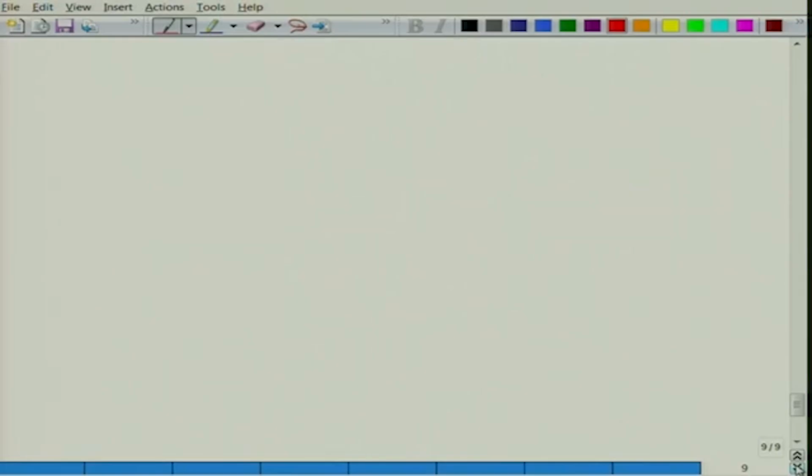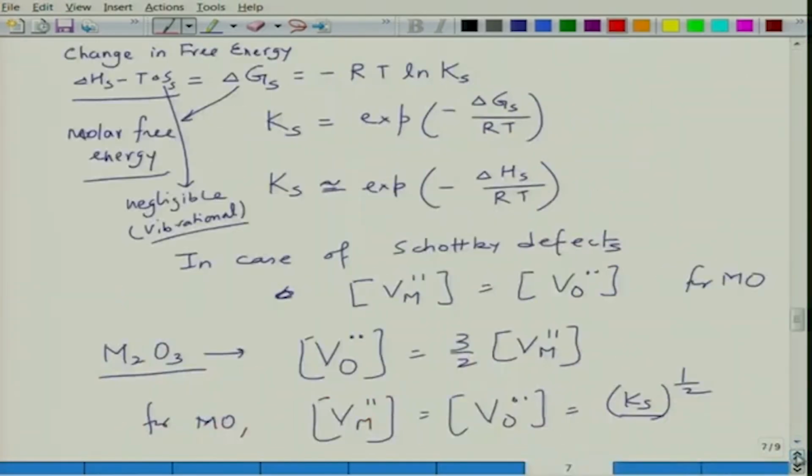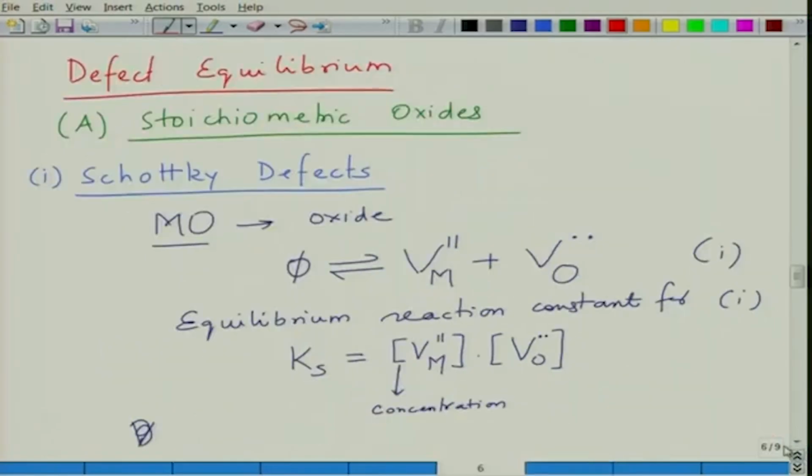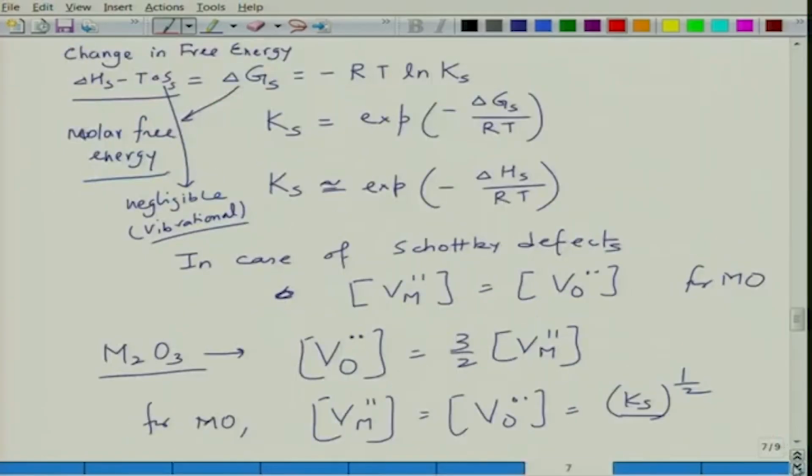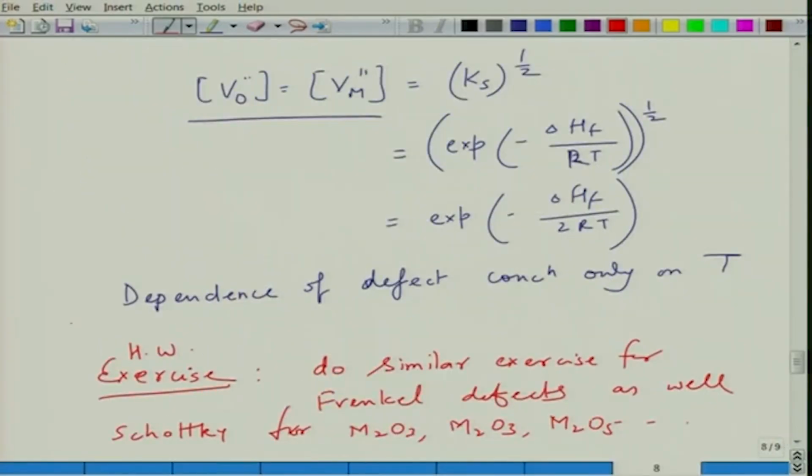The next thing that we see is defect equilibria in non-stoichiometric solids. So, this was about the stoichiometric oxides. So, this we have taken for the Schottky defect, and you can do the same exercise for the Frenkel defects. This is basically your homework, okay.